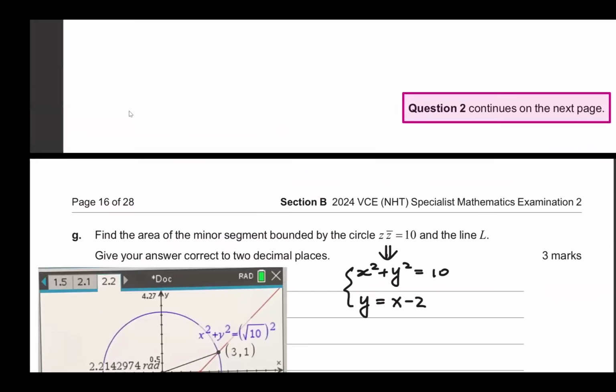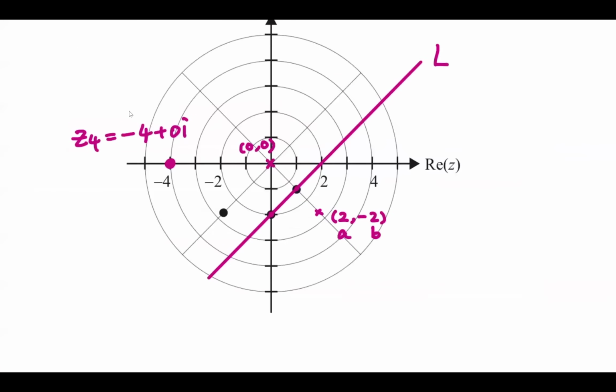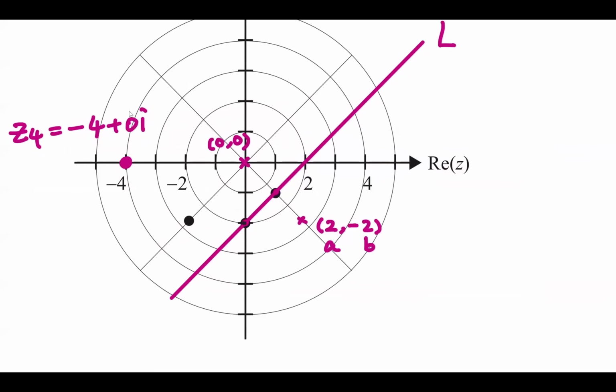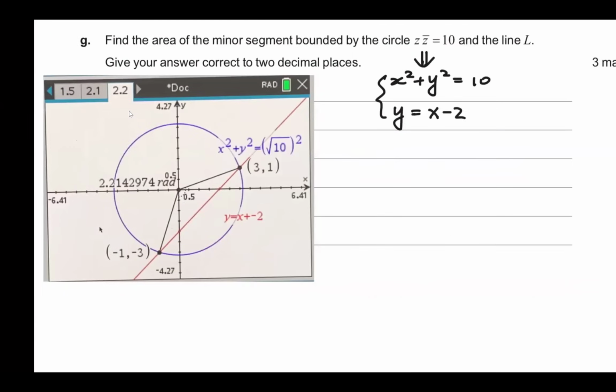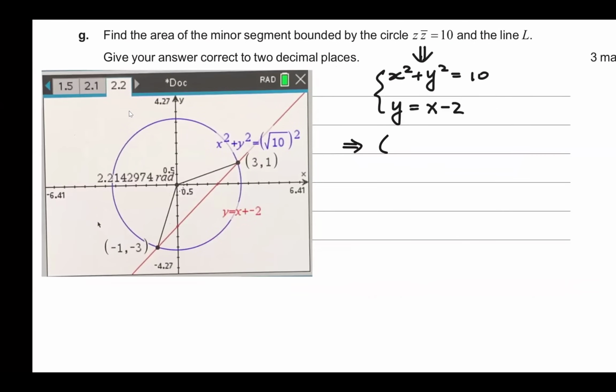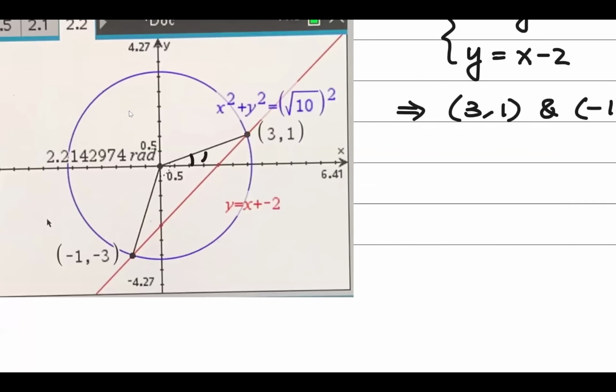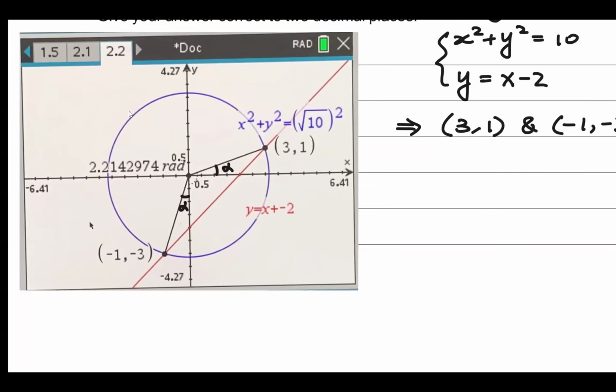For your information, the equation of the line is gradient 1 and goes through 0, minus 2. One point is 3, 1. And another point is minus 1, minus 3. So you could actually say this is a small angle alpha. This is also a small angle alpha, okay?